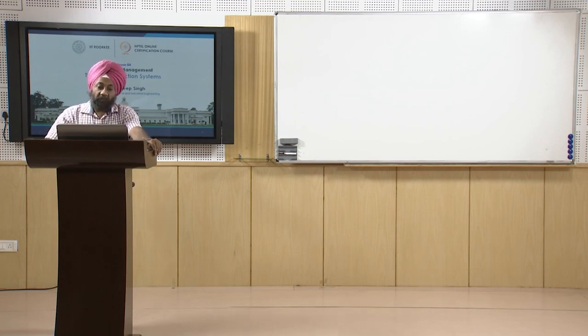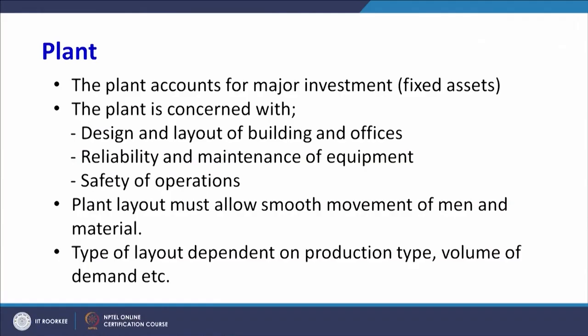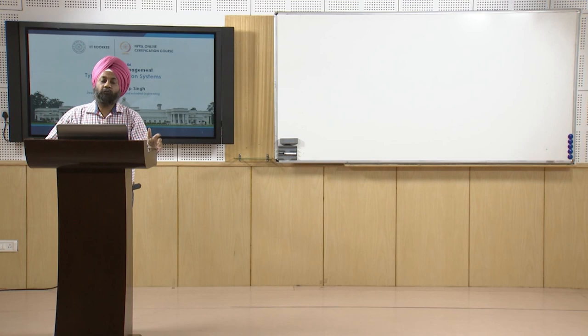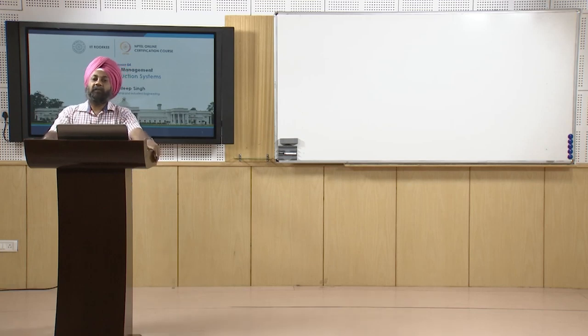Then the plant. The plant accounts for major investment. If you have studied the financial analysis, you will see there will be some fixed assets, there will be direct cost, there will be indirect cost, and accordingly we calculate the break even for the organization. So the plant accounts for the major investment.